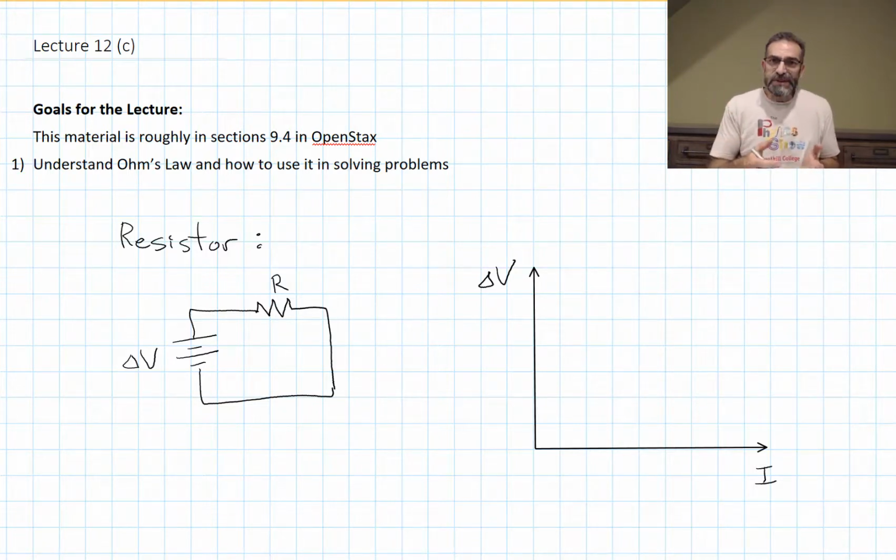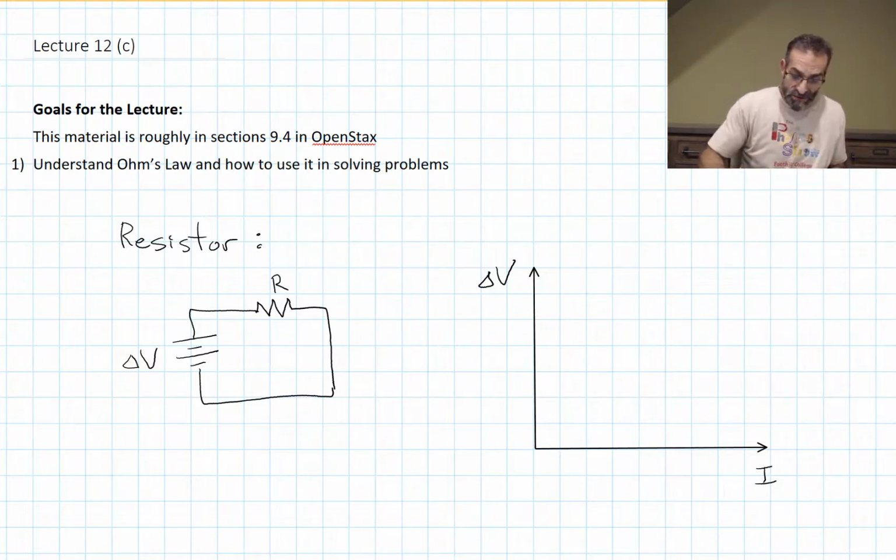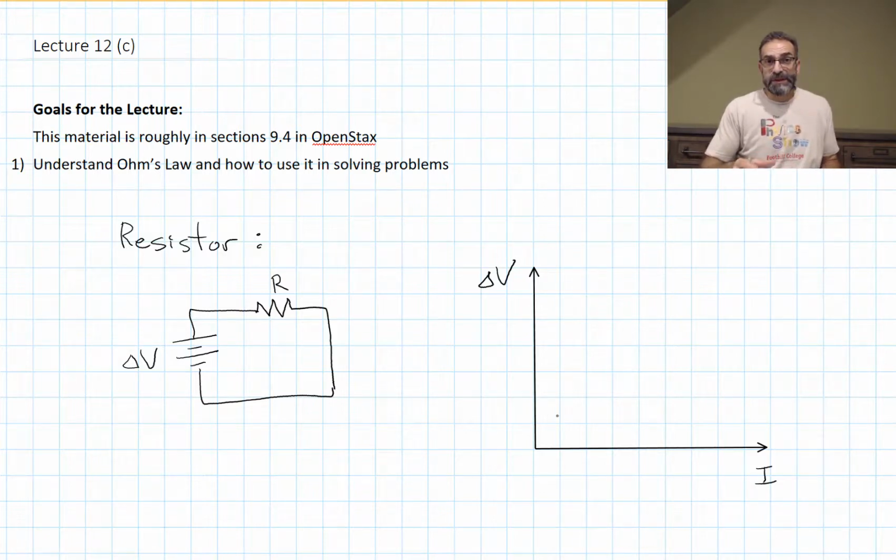But there's a resistor in the way, and that small force isn't going to push too many charges through the resistor. So if I have a small potential difference set, I'm only going to get a small flow of charge through that resistor.